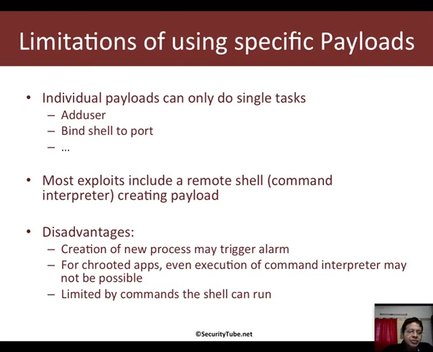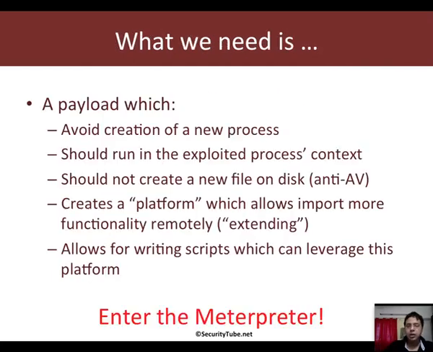Now, at the very same time, what we want to do is ensure that whatever we run on the remote system does not trigger any alarms of any kind, right? Which is the AV should not complain, there should be no file written to disk. At the very same time, whatever we do should just happen in memory and a bunch of things. This is where what we really need is a payload which avoids new process creation, which is fantastic, because now when a user or any other tool looks at the list of processes, it would not find anything new, right?